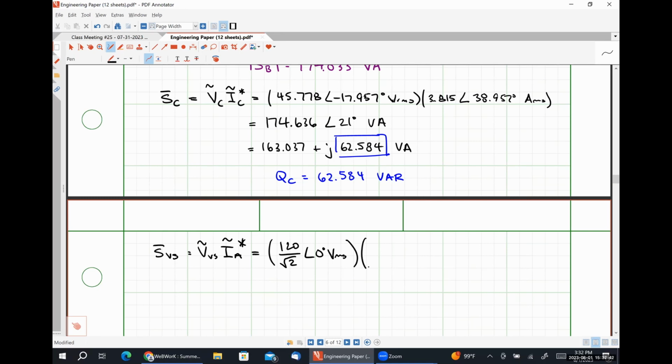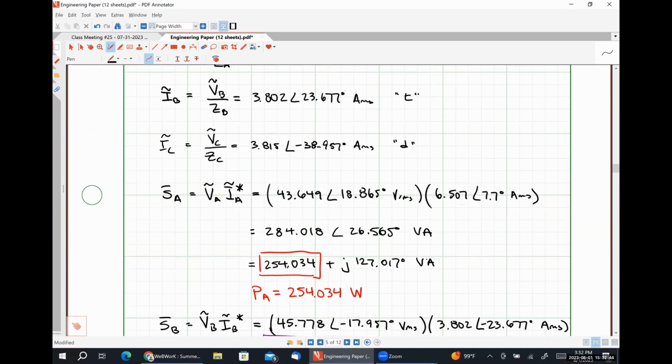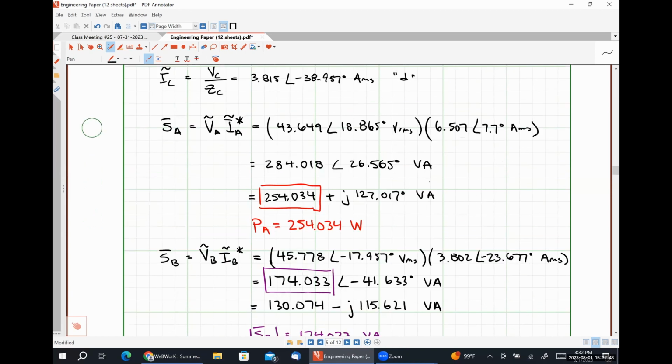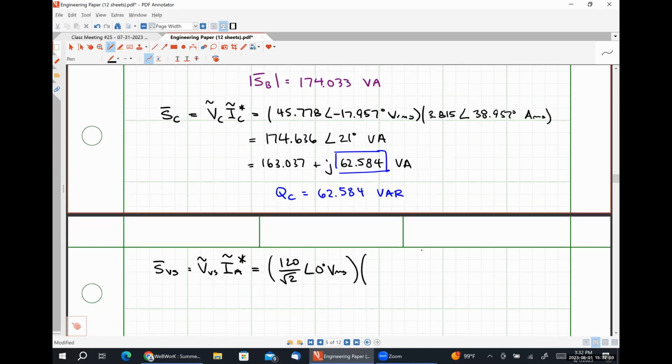I stored IA as Z, .507 with an angle of positive 7.7 degrees, amps RMS.